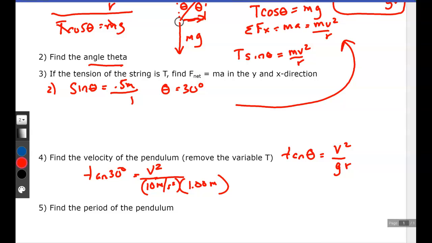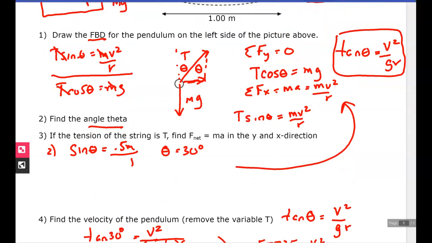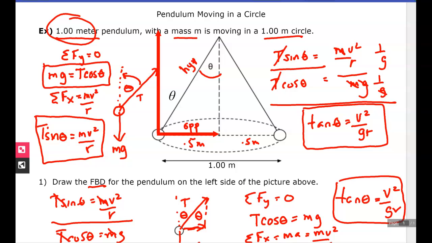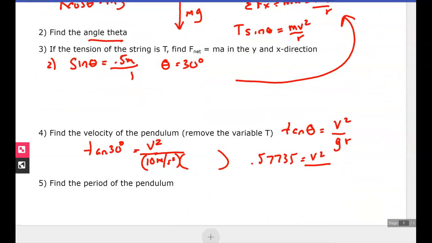So we have to find tan theta. Tan theta is 0.57735 equals v squared. Well, wait a second, I made a mistake there. This radius is not 1. The radius of the circle, you can see over here, the diameter of the circle is 1 meter. And so the radius is 0.5. That's a mistake.